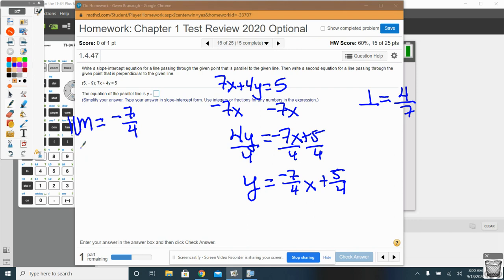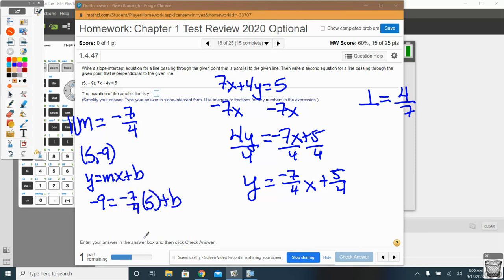Now I'm going to use the point they give me, (5, -9), and plug it into y equals mx plus b to get my y-intercept. So that'll be negative 9 is negative 7/4 times 5 plus b. So that's negative 9 equals, go ahead and type that in your calculator, negative 7/4 times 5. I'm going to hit math 1, negative 35/4 plus b.